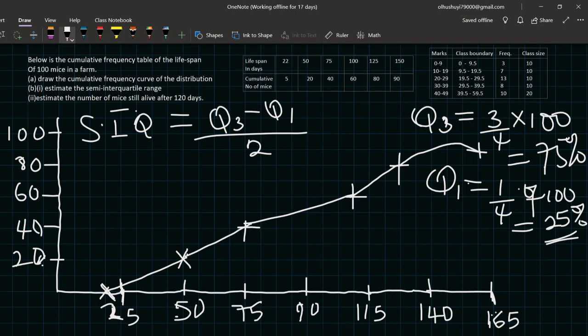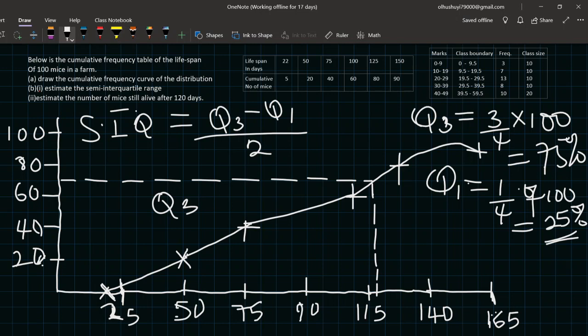So we go this way, tracing, tracing, and we get the value there. This is our Q3. I think there we should have 120. Yes, this is 120.